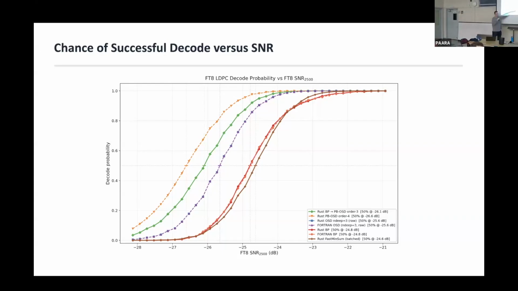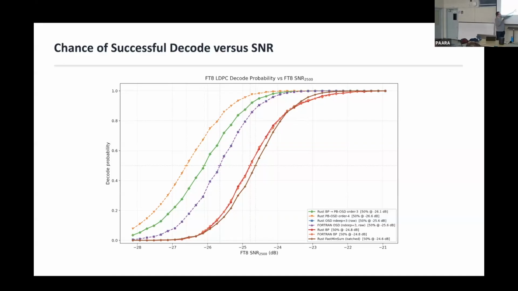It makes sense to compare where the 50% point is for these different decoders. There are actually 7 curves here, but they overlay, because the Rust and Fortran agree exactly. This brown curve is the fast min-sum, so it's almost as good as belief propagation, and it's hugely faster.